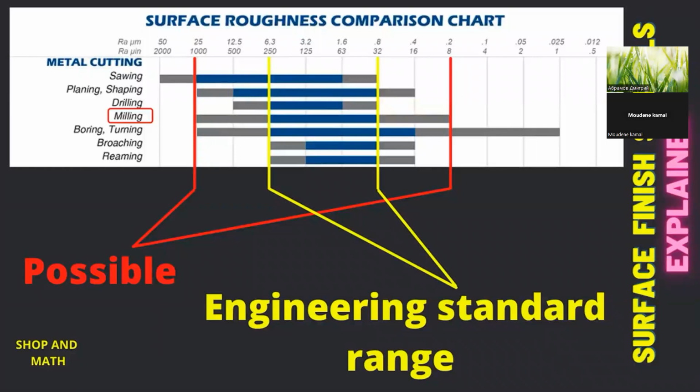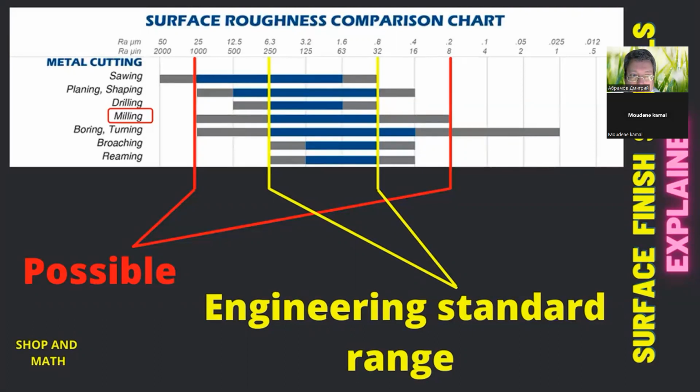Surface roughness comparison chart. This can be a little bit difficult to explain, so please bear with me for a few. Sometimes an engineer on a drawing will not put the actual finish that they want. They will say they require a mill finish. So a mill finish in microinches is a standard between 250 and 32. So in the yellow.